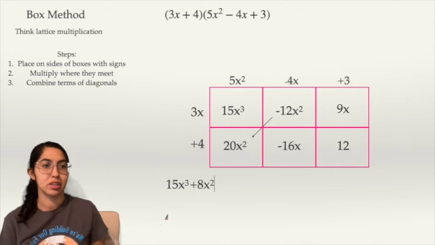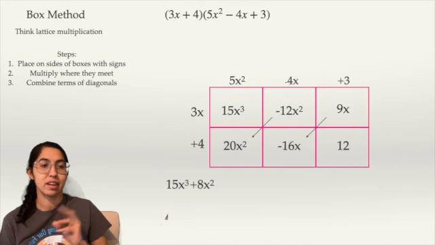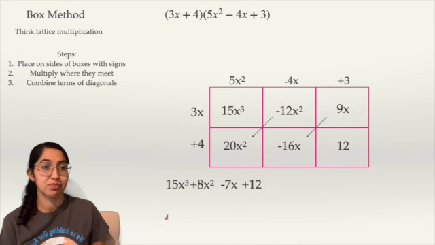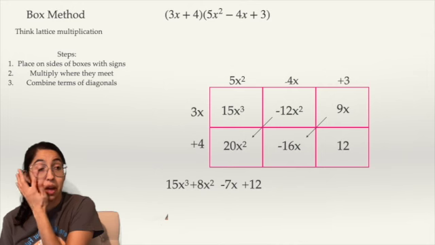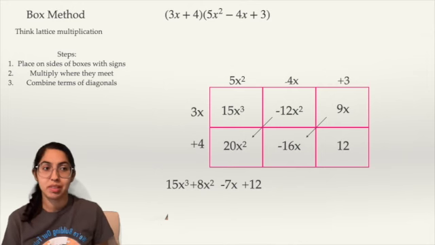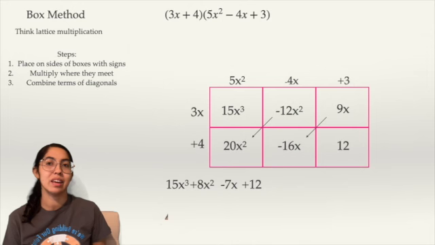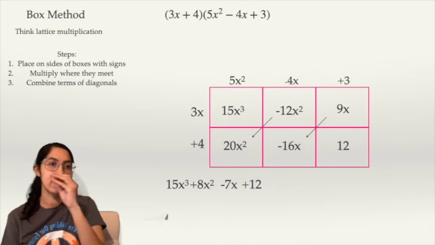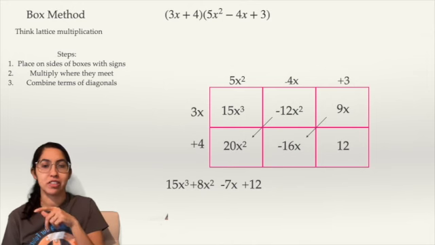So plus 8x squared. And then 9x and negative 16x, those are like terms, so we have minus 7x. And then of course 12 has nothing, so it's just plus 12. Okay, so if you like that method, that works too. It's your choice, like I said. So those are your 3 methods that kind of differ from each other.